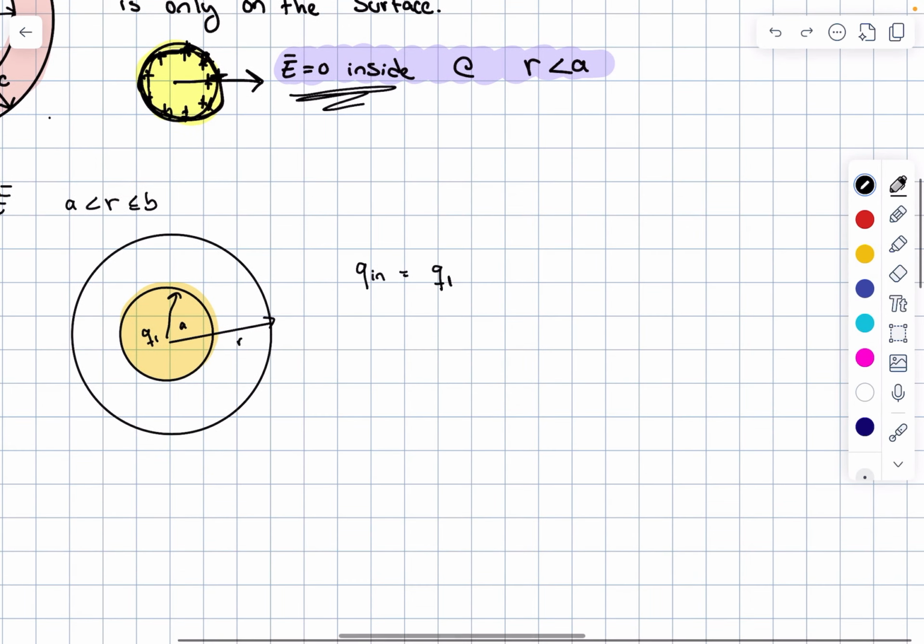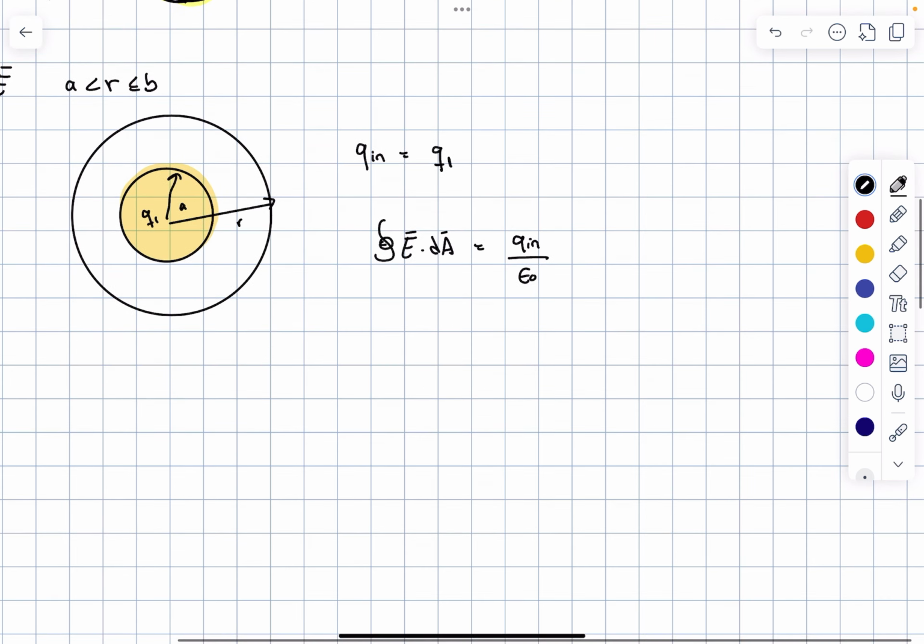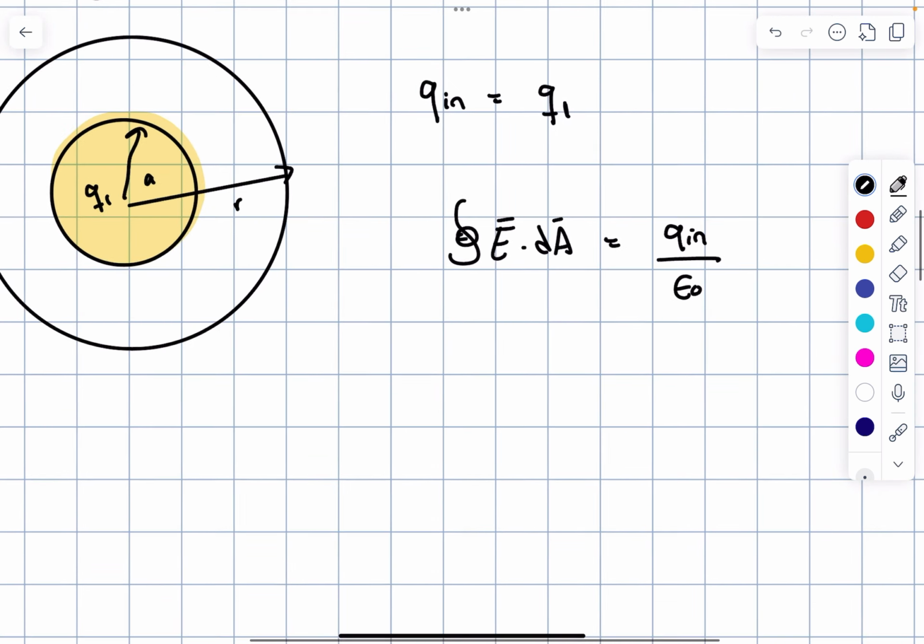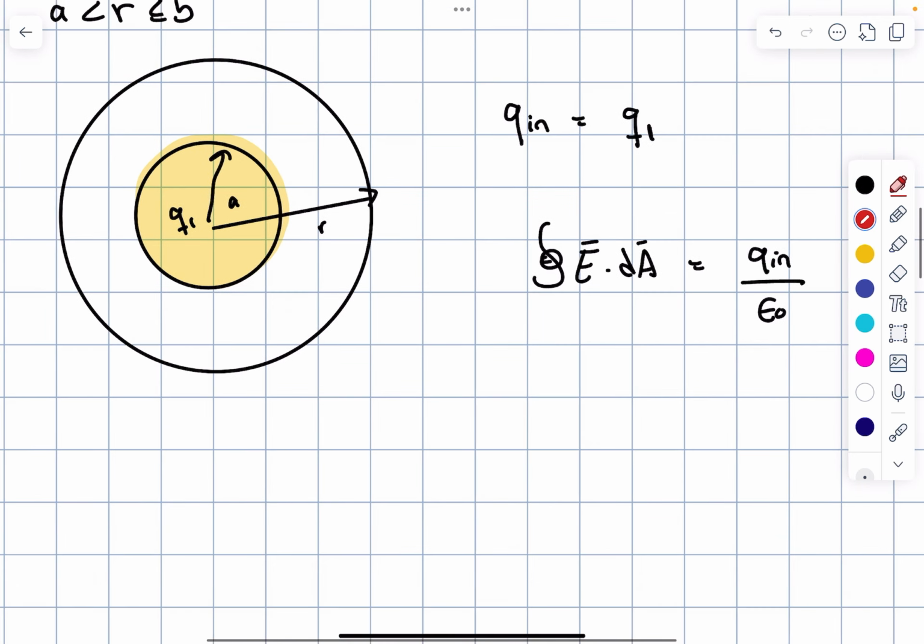So I know that the integral of E dot dA is equal to Qin over epsilon naught. And this is the surface integral. Luckily for me here though, I know that my electric field is pointing radially outwards, like so.